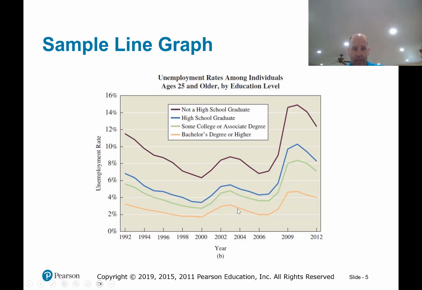And so you can see similarities between the two, the different trends. They seem to be parallel for the most part. But you can also see that the higher the degree, the lower the unemployment rate seems to be. So you can definitely make comparisons.